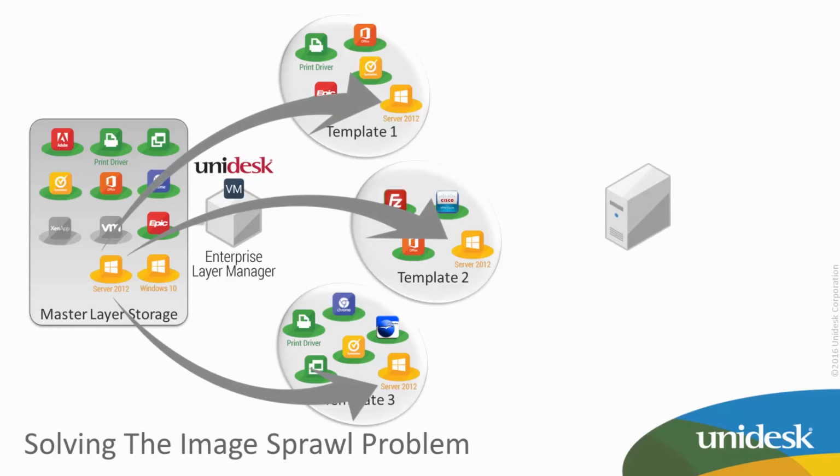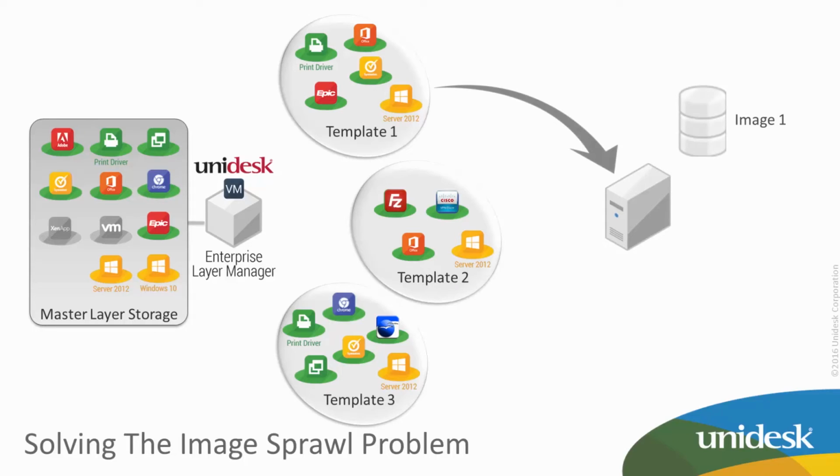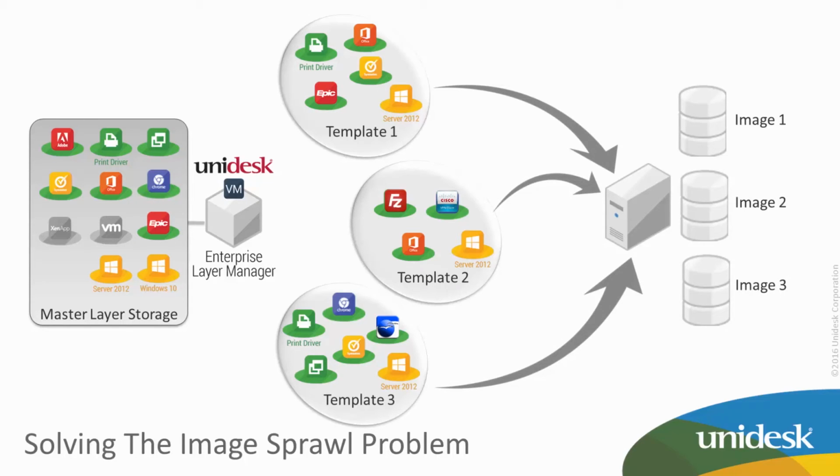There's no need to open multiple gold images and patch them all individually. Once the templates are updated, they can then be published out as new images or updated images to existing pools or delivery groups. Again, patch once, distribute to many.